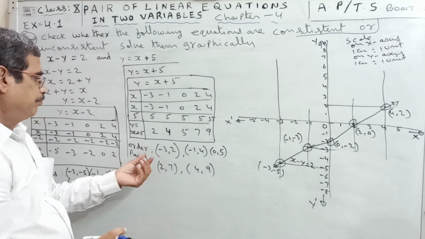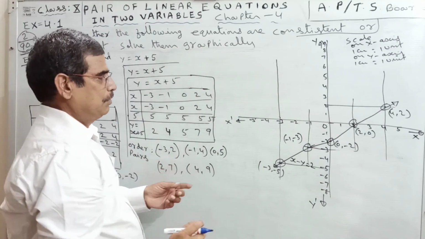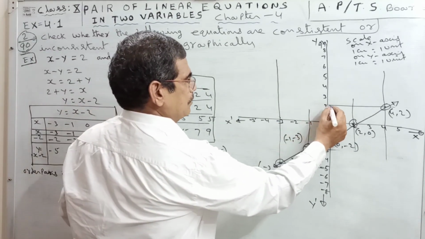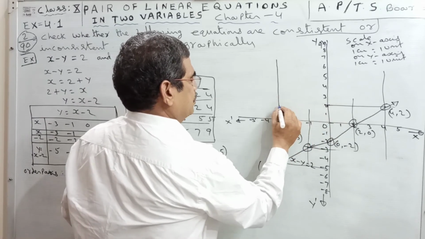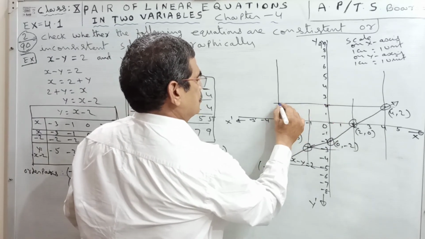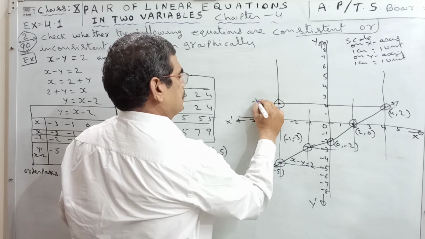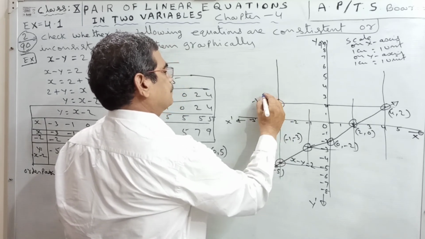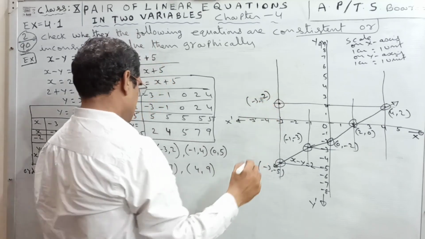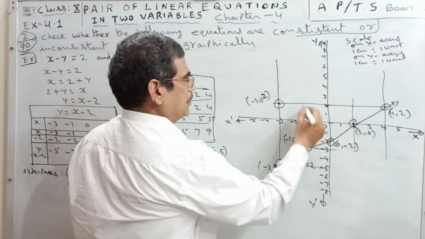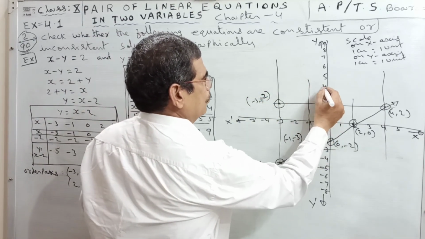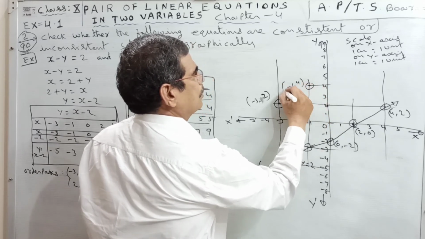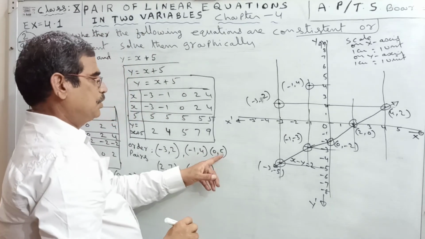Second equation: -3 comma 2. This is -3, 2 means here. So this is our point -3 comma 2. Second point -1 comma 4. This is -1, 4. Third one 0 comma 5.